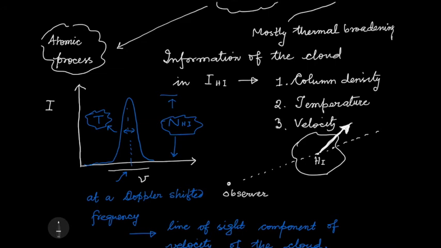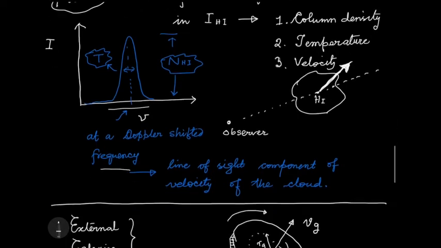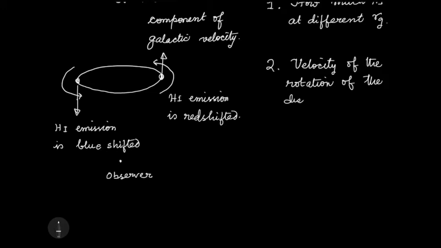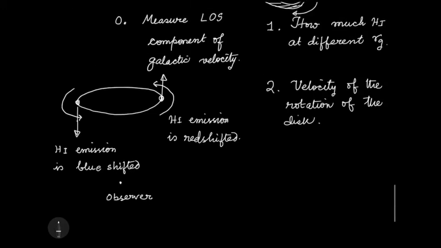In fact, at different positions in the galaxy, the velocity of the H1 will be different. And because of that, as we have seen, this peak appears at the Doppler shifted frequency, so the peak will happen at different frequencies at different parts of the galaxy. So what I will be able to measure is the velocity of H1 or velocity of the rotation of the disk.